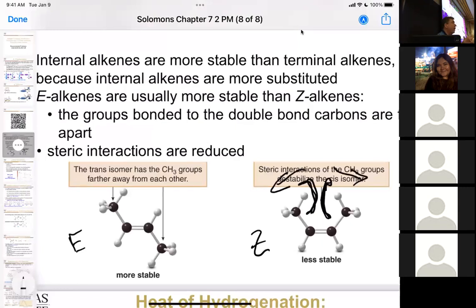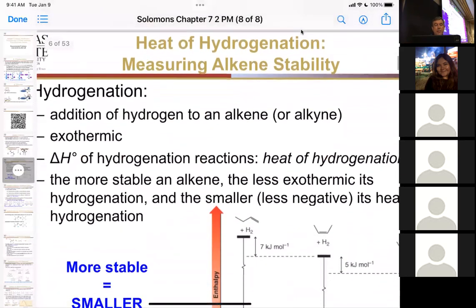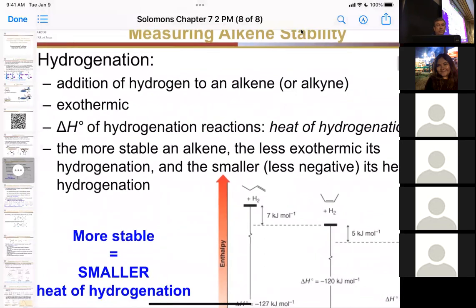So now just racking and stacking, internal alkenes are more stable than terminal alkenes, and trans alkenes are more stable than cis alkenes. So how do we know this? Do we just make numbers up? Yes, people do, but not this. We actually have a way to measure this, and that is the heat of hydrogenation.